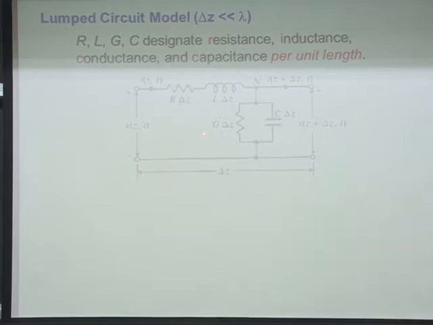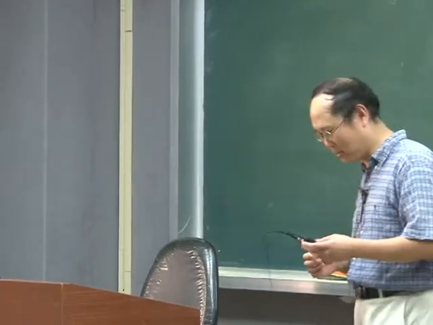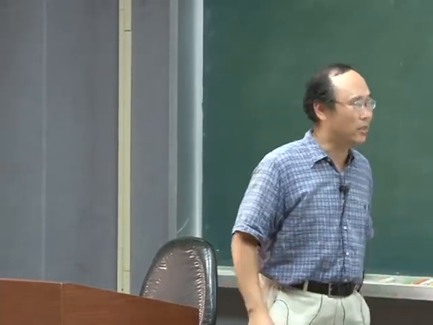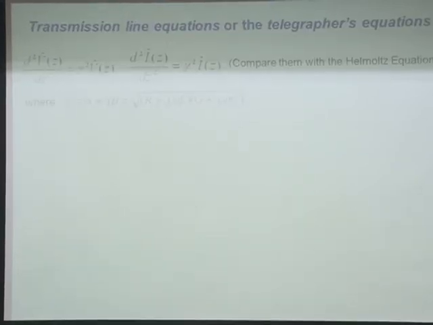OK, 所以在这一段里头呢，你可以用你学过的 circuit theory 来在这一小段电路里头做计算。所以呢，你得到两个式子，这两个式子可以组成两个 wave equation 出来 for the voltage and current.